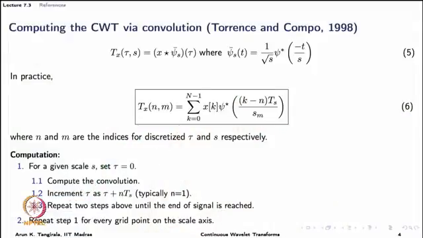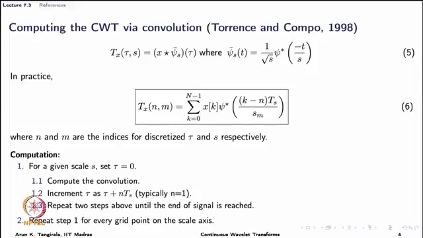Now, increment tau according to your choice. Marching in tau amounts to traversing the wavelet along the length of the signal, and there you have freedom in how you want to march ahead.